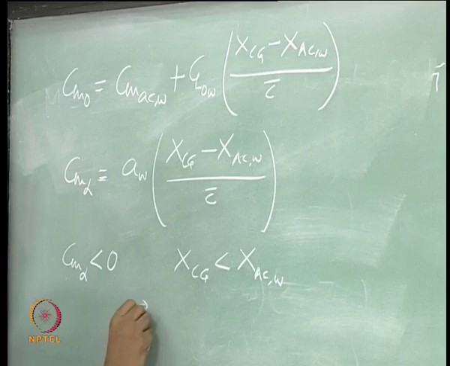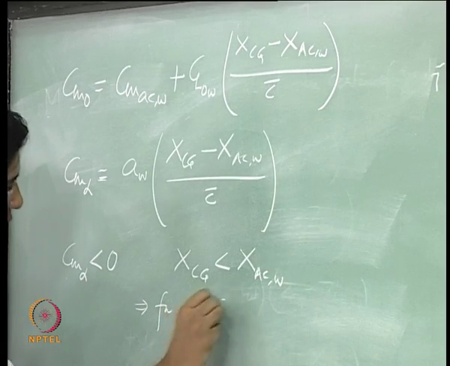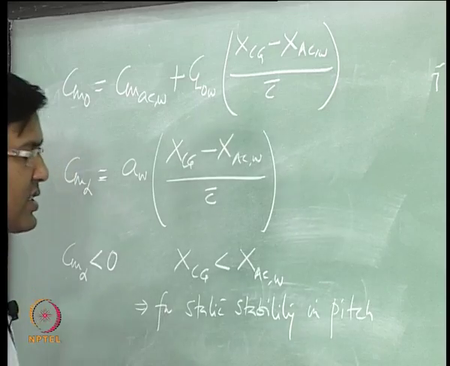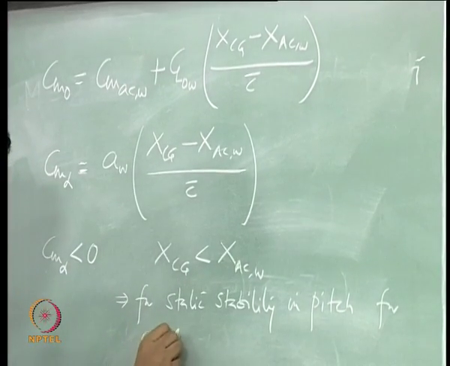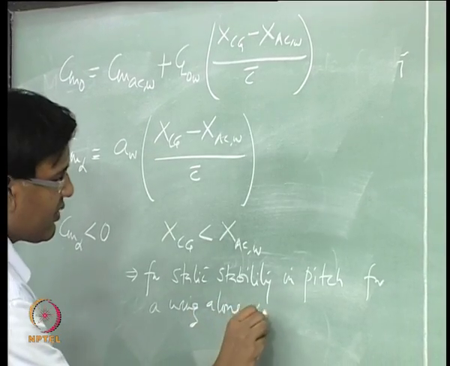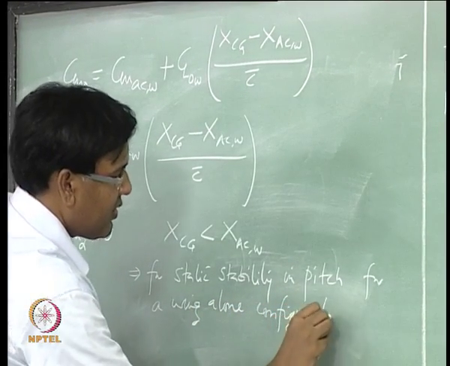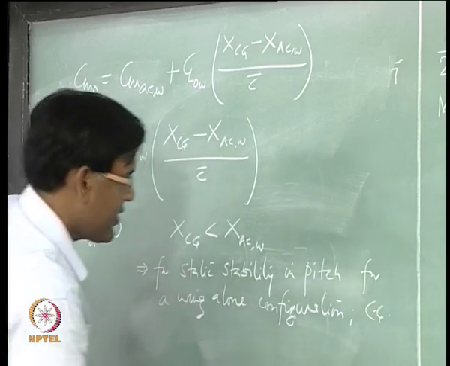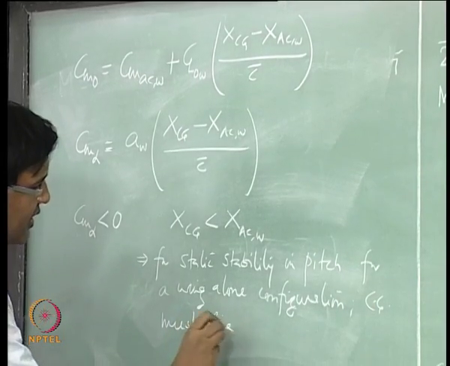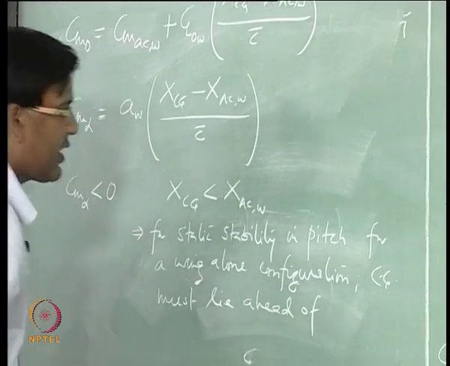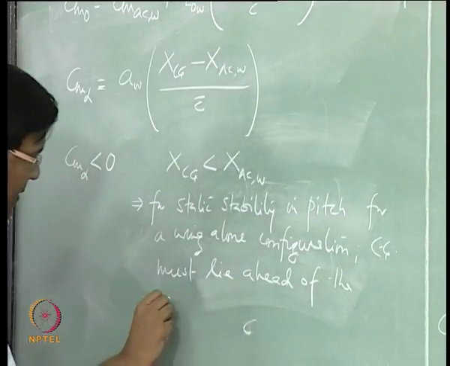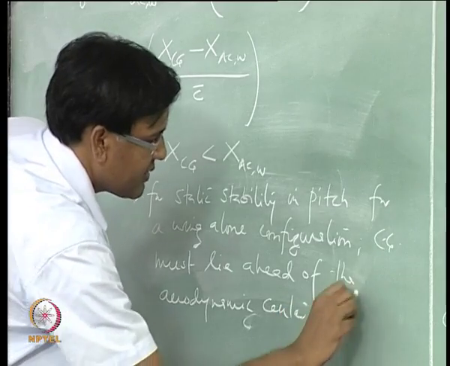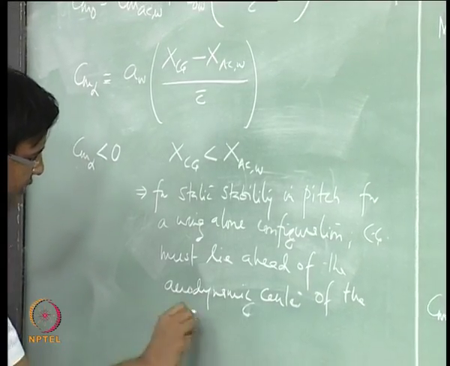So, what it says is for static stability in pitch for a wing alone configuration, CG must lie ahead of the aerodynamic center of the wing. This is for stability.